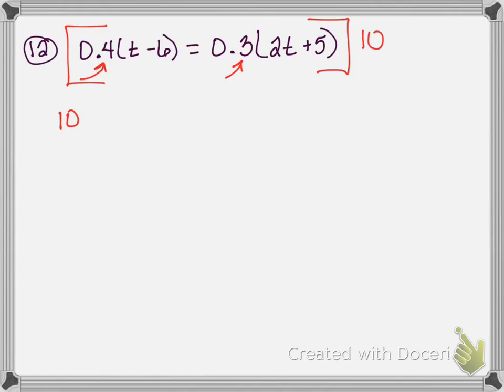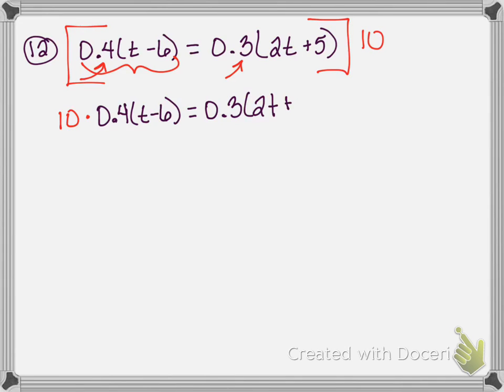So I'm going to multiply everything times 10. Everything times 10. So that's 10 times this whole thing right here. Okay? So I have 10 times 0.4 or 4/10 and t minus 6. Then I'm going to have 10 multiplied by the other side.